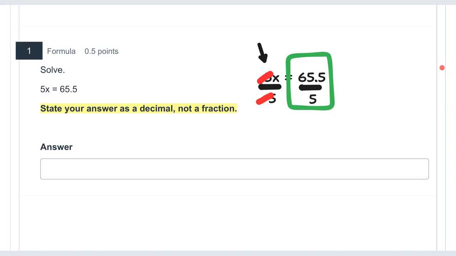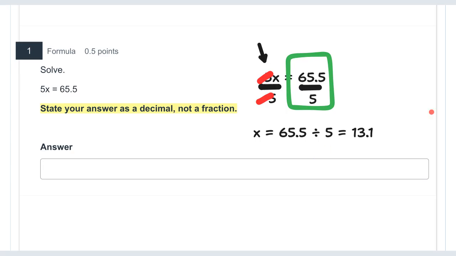On the left-hand side we have x, and then to do the calculation on the right, 65.5 divided by 5 on our calculator gives us 13.1.